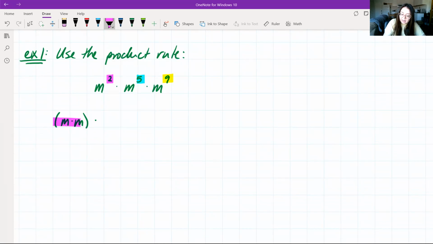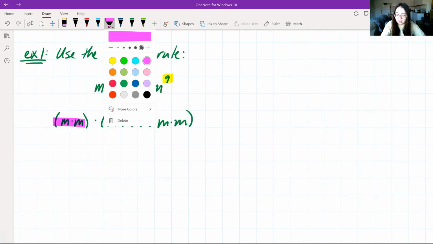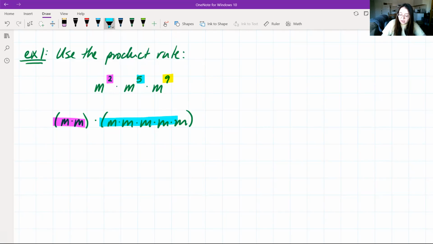And what we have here indicated is m to the power of 2. Then m to the power of 5 can be written as m times m times m times m times m. This is to the power of 5, so we have 5 factors of m.